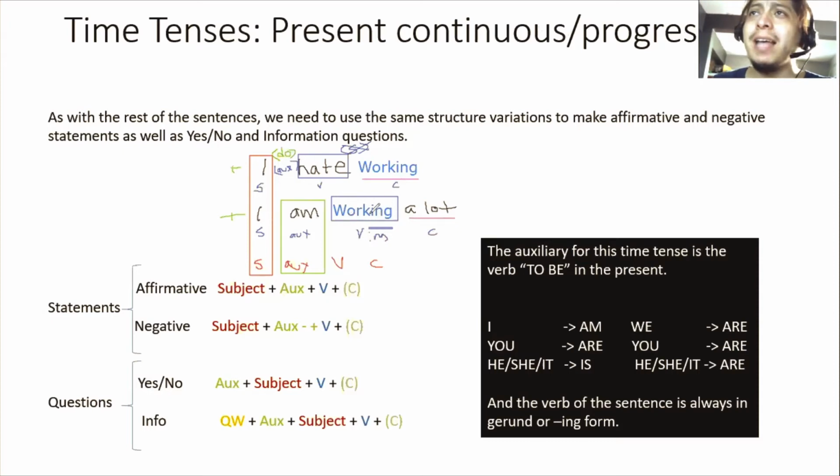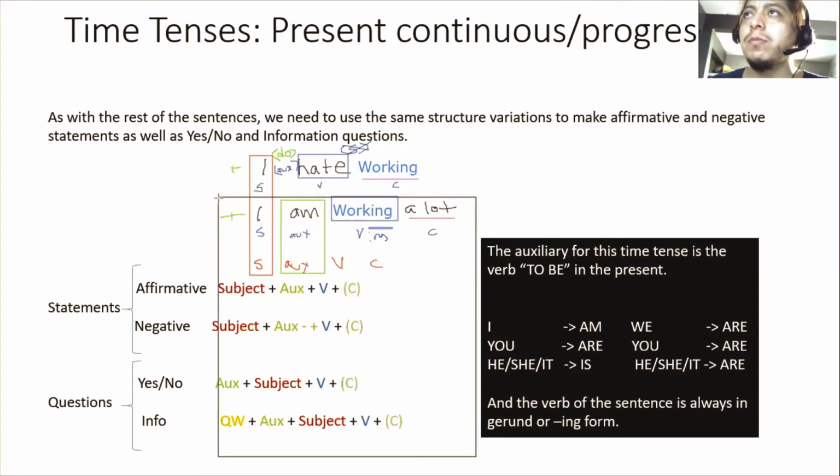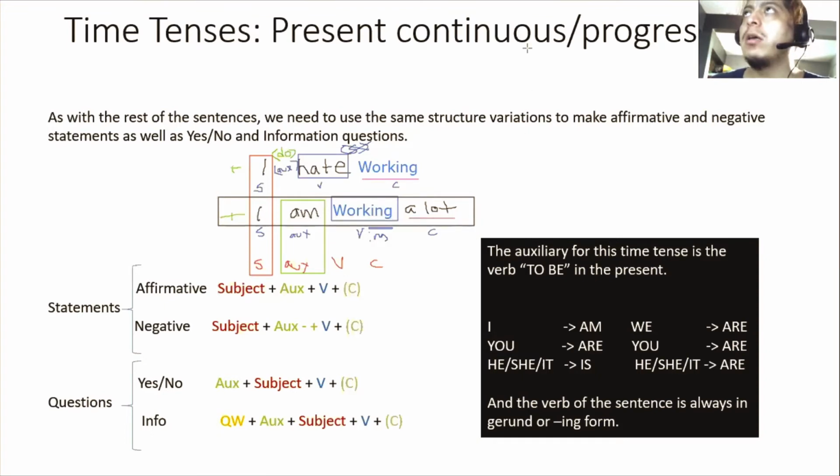So the verbs with ing are the present continuous, but only the present continuous. You can say that this sentence is in the present continuous only when you have two things. You need the auxiliary, the verb to be, and the verb with ing. If you only have a verb with ing, but you don't have the auxiliary, if you don't have am, are, or is, this is not a verb. This is a verb complement.